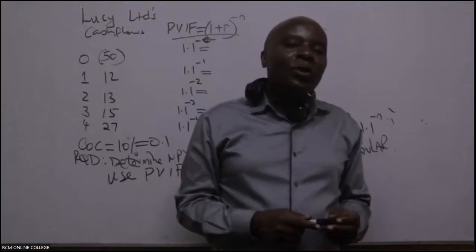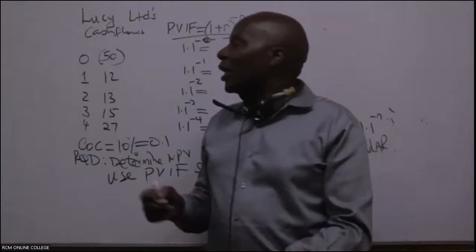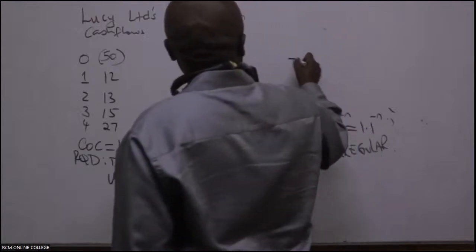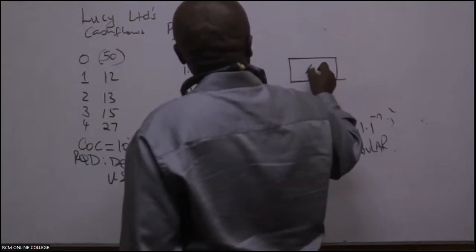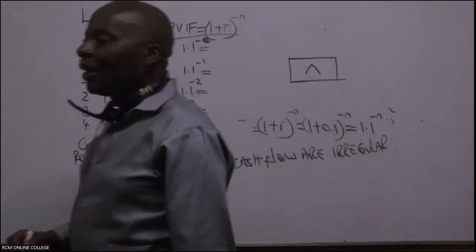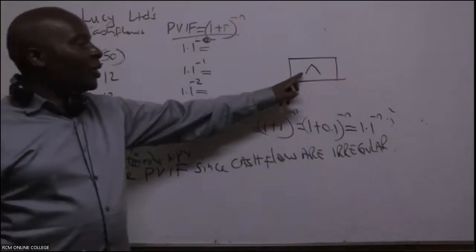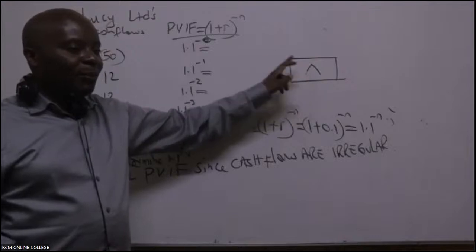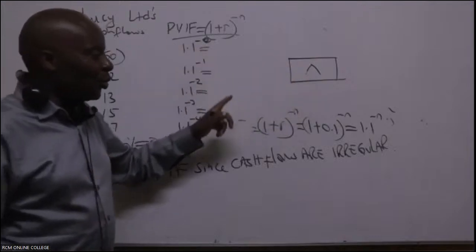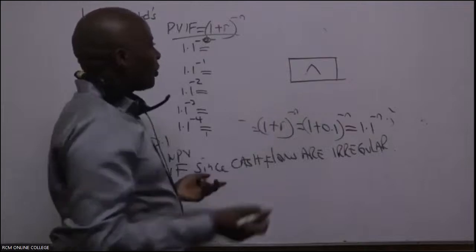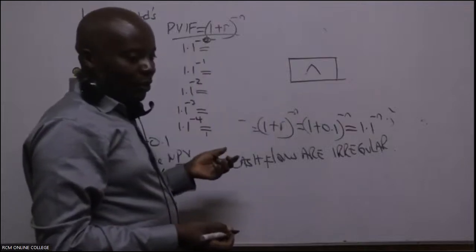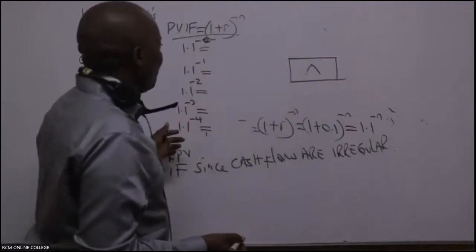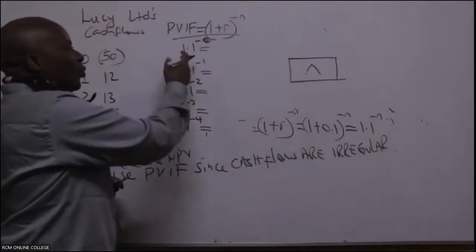Please, I would want to see everybody raising in your calculators. In most of your calculators, the raising function will look like this, there's a button written like this. So simply say 1.1 raised to minus 0, just 0. Somebody talk to me tonight. What is 1.1 raised to 0?